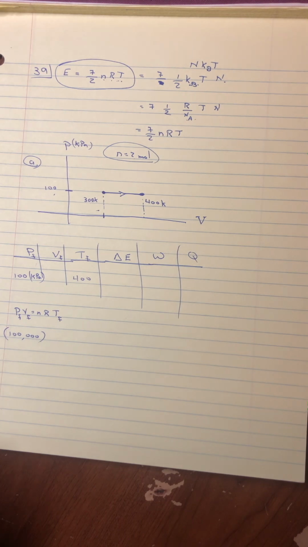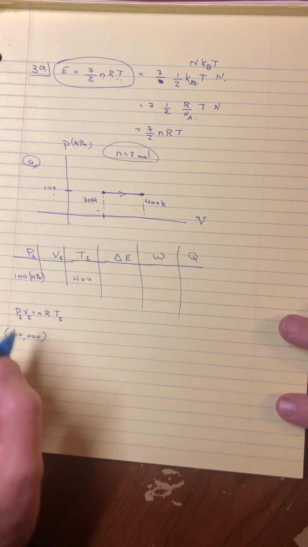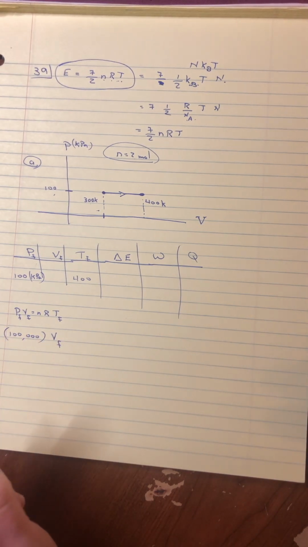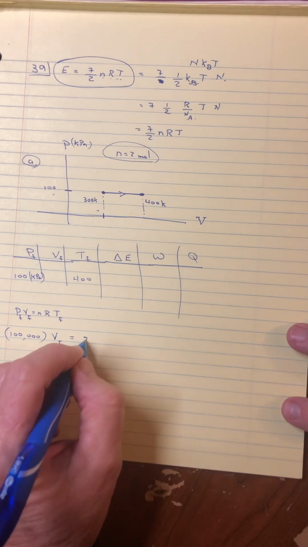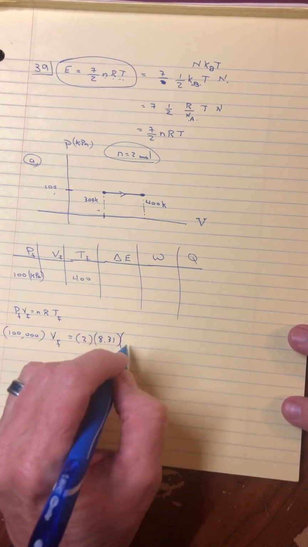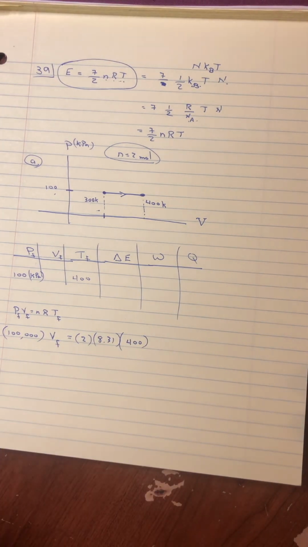The final volume is, I don't know. I'd like to know that. The number of moles is 2, R is 8.31, and the final temperature is 400.